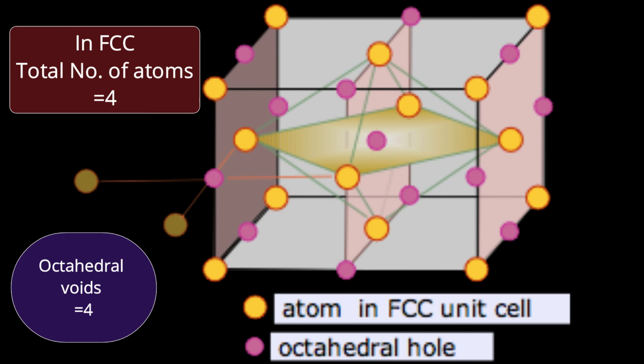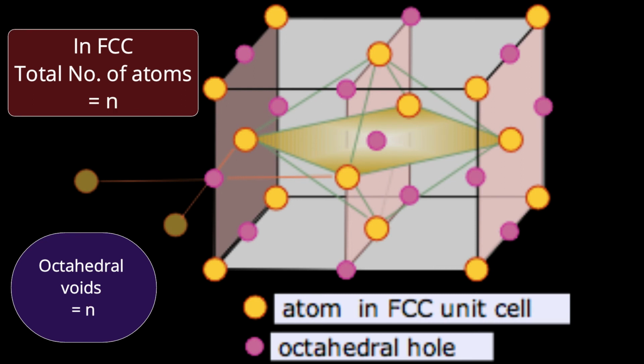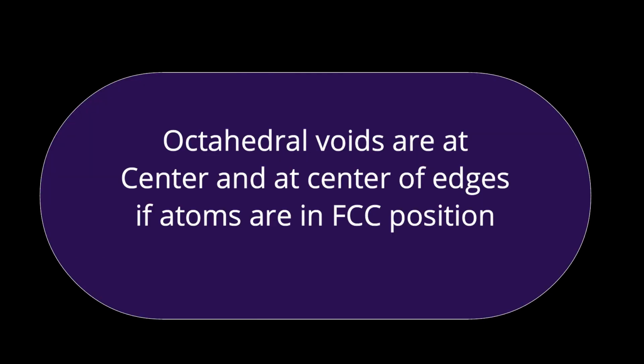If n is the number of atoms present in FCC, then n will be the number of octahedral voids. Remember this logic, because we will compare when we discuss other voids. Where are these octahedral voids located in FCC? One position is the center of that face-centered cubic arrangement, and the other is the center of each edge, provided atoms are there at corners and at the centers of faces.